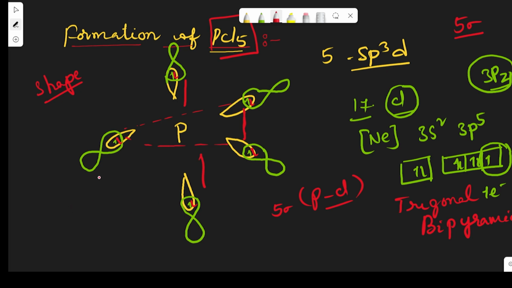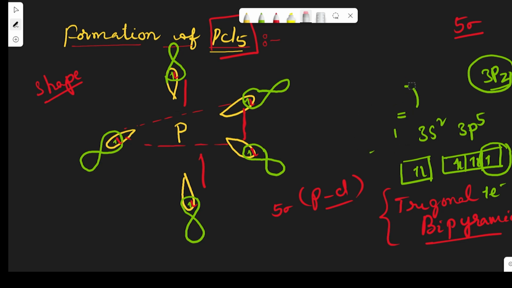This is the PCl5 structure. It is trigonal bipyramidal. In PCl5, let me explain the bond angles clearly.